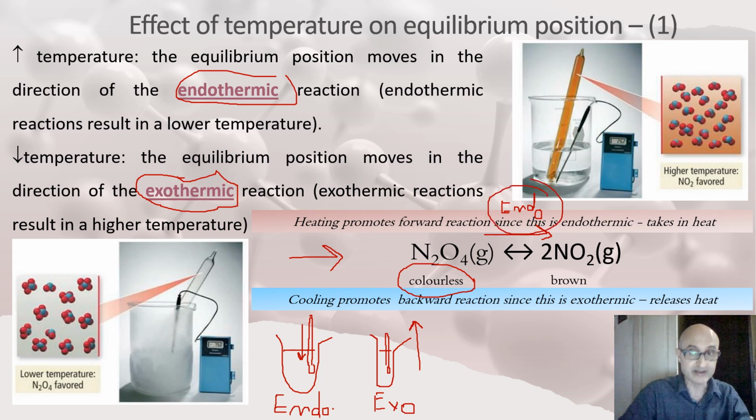On the other hand, if I cool the system by, for example, placing it in ice, the system doesn't want to feel cold. It wants to get back to its original temperature. How can it get back to its original temperature? By promoting the backward reaction, which is exothermic and releases heat. And since you have a release in heat, the temperature starts to go back up.